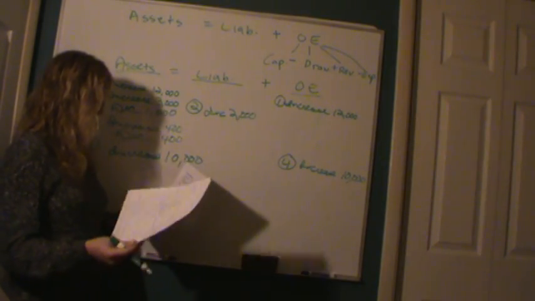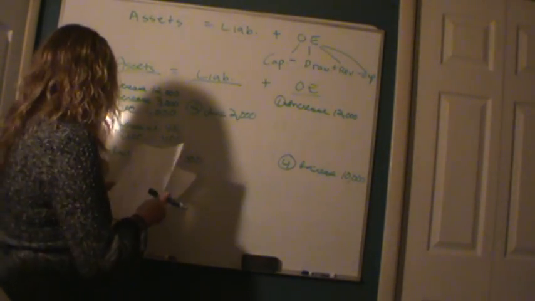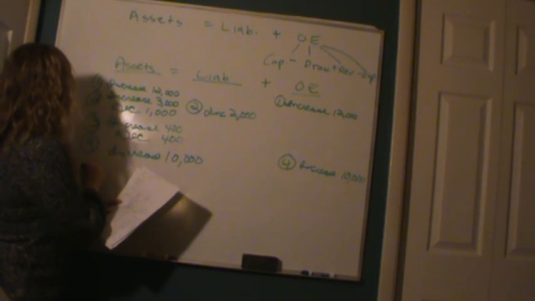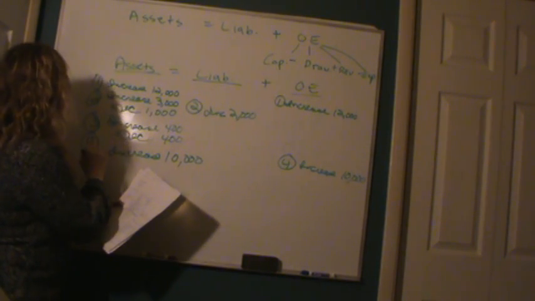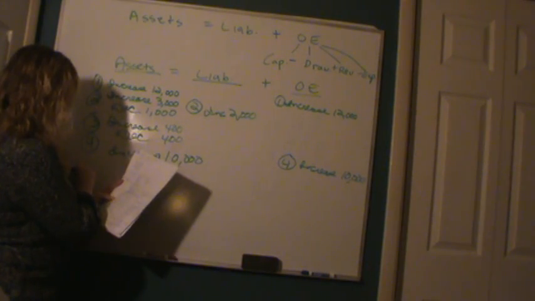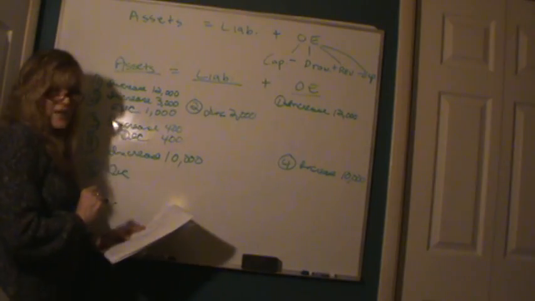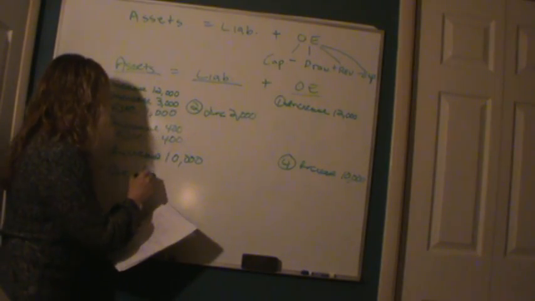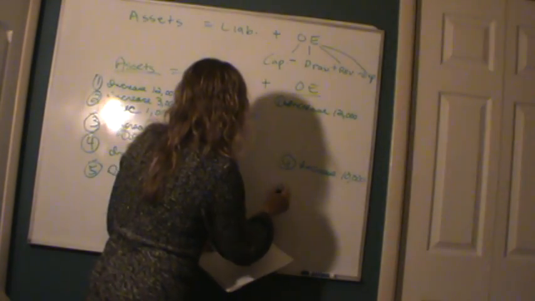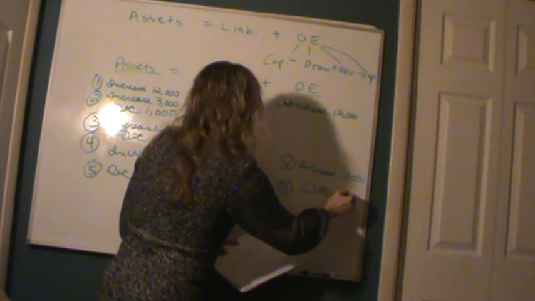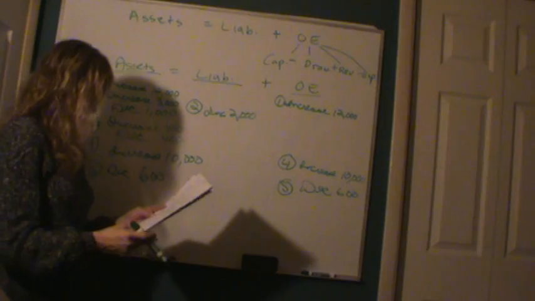The next thing we have is an owner's drawing, right? The owner withdraws $600. We're going to have a decrease of an asset account of $600, and we're going to have a decrease in equity of $600.